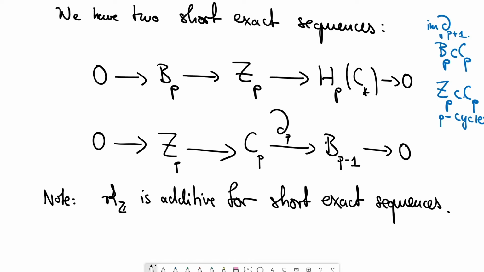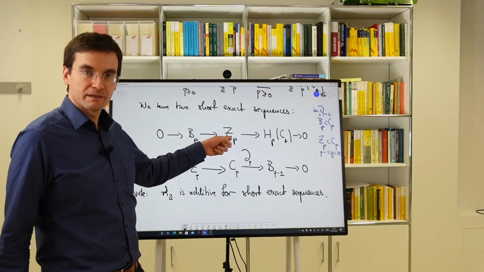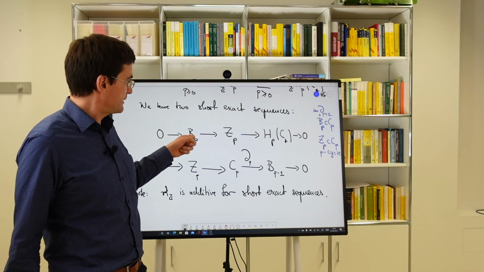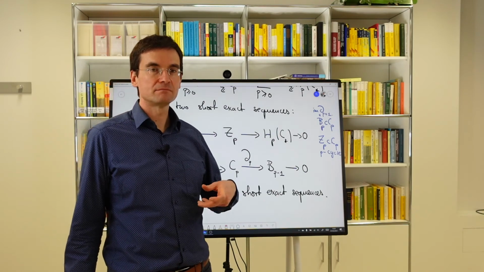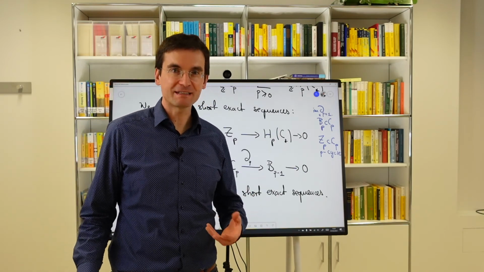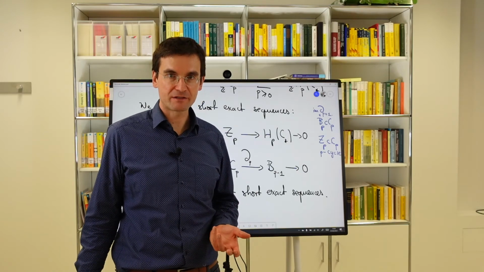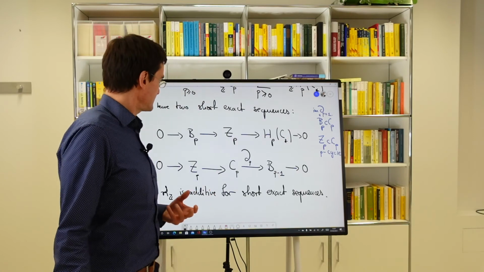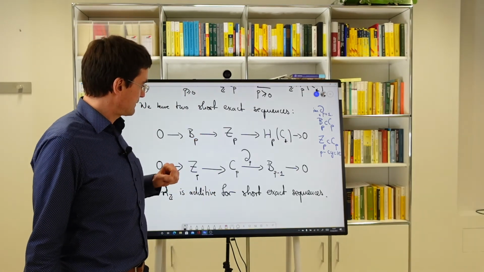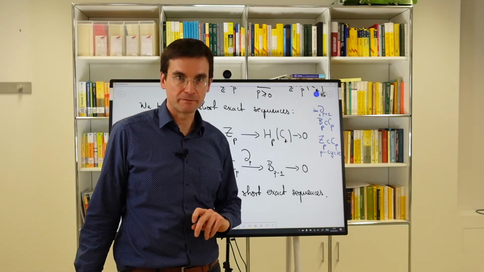So additive means that if you take the rank of the middle term, then it is the sum of the ranks of the two outer terms. And that's a property that you hopefully know for the rank, and if you don't, you surely know it for the vector space dimension. Because that's the dimension formula in linear algebra, that if these are Q vector spaces, then the dimension of the two outer terms equals the dimension of the inner term.